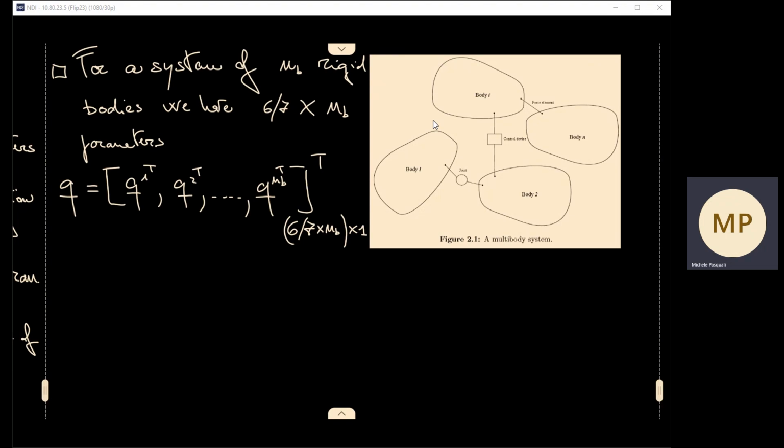Because, as I said, there may be connections between the bodies, or some relationship between the body and the surrounding environment, which limit the values that these parameters can assume. And these relationships are typically called constraints. So what is a constraint?